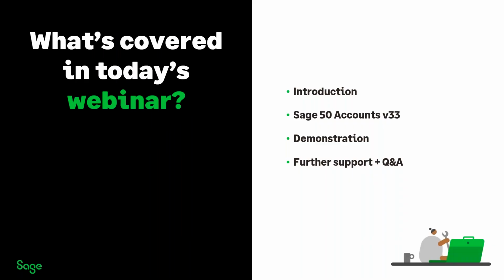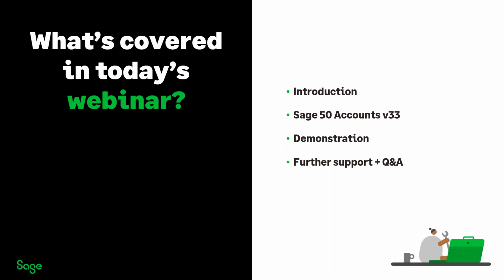Right, now in part 1, this morning's session, this is what we're going to be covering. We're going to start with an introduction. I want to quickly mention Sage 50 Accounts version 33. There's an update for VAT on that, not applicable to everyone, but I'm going to run a poll in a moment and see who the update would be applicable to.